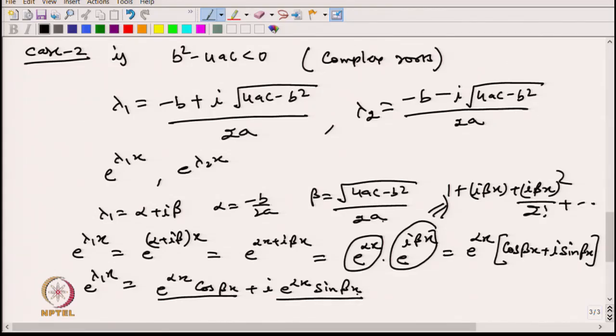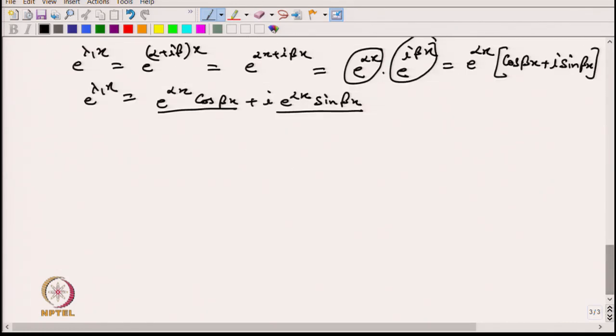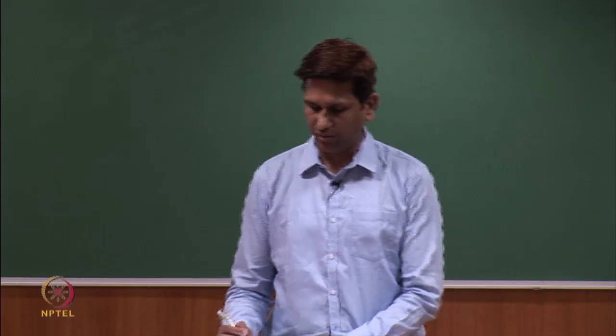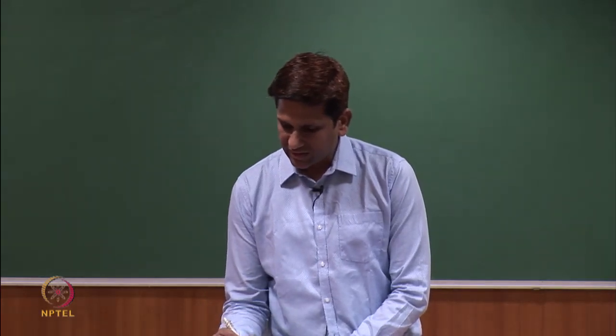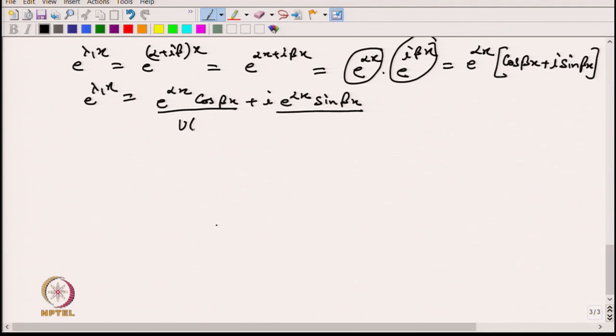So, we have to find out how we can use this complex valued function to find the real valued solution of the differential equation. So, let us call this as u of x plus I v of x. This is my y1 of x, that is equal to e raised to lambda 1 x.